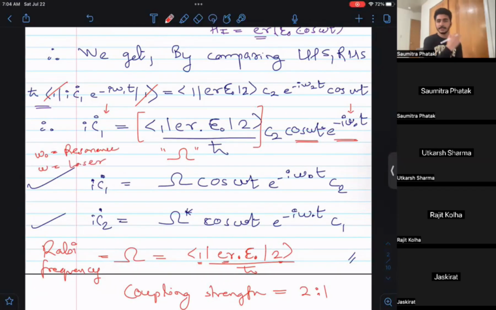So omega is the external perturbation that we have applied, and omega naught is the resonance frequency, which can also be given as the difference between the two energy levels, the second state and the first state. So we can also say that omega naught is just the difference between the two frequencies, which is the resonant frequency.